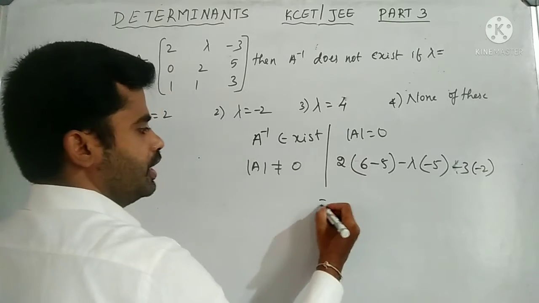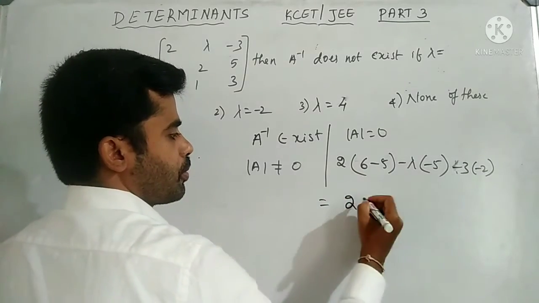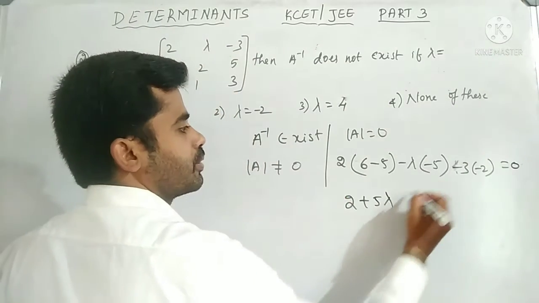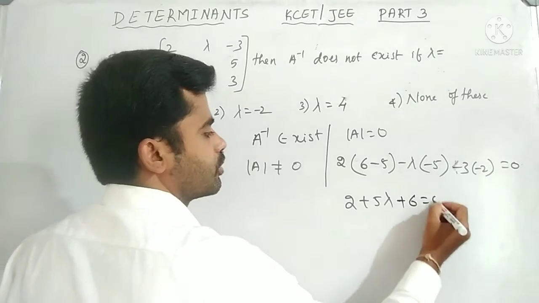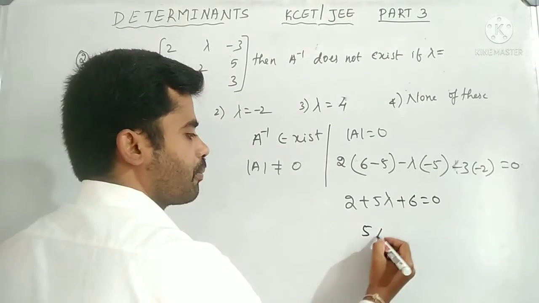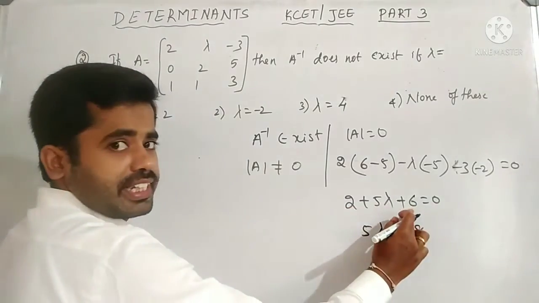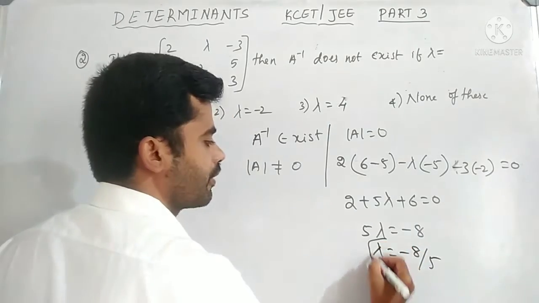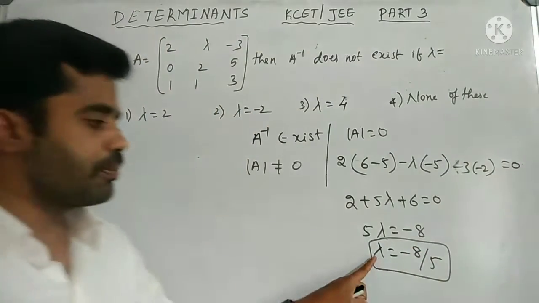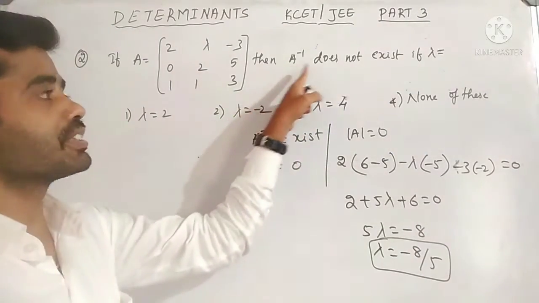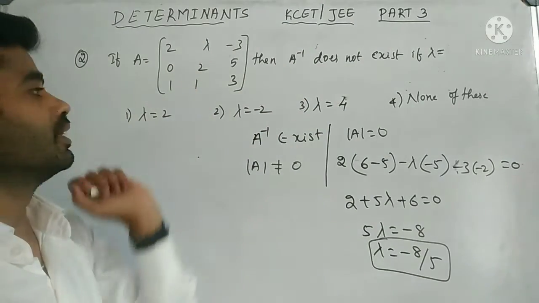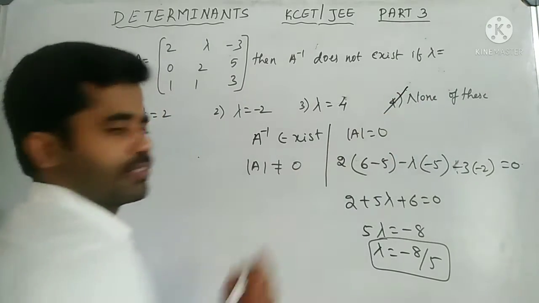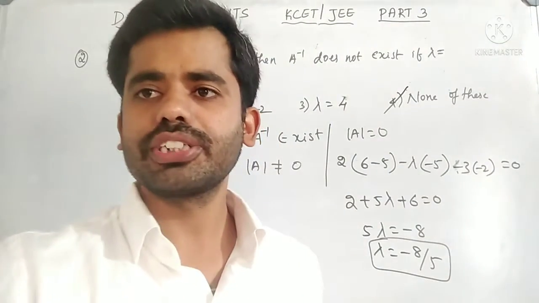Then it is 2 plus 5 lambda plus 6 is equal to 0. Then 5 lambda is equal to minus 8, so lambda is equal to minus 8 by 5. When lambda becomes minus 8 by 5, A inverse does not exist. Which option has the lambda value? There is no such option, so none of these. Let me move on to the next one.